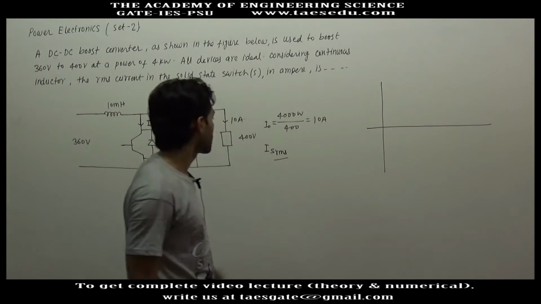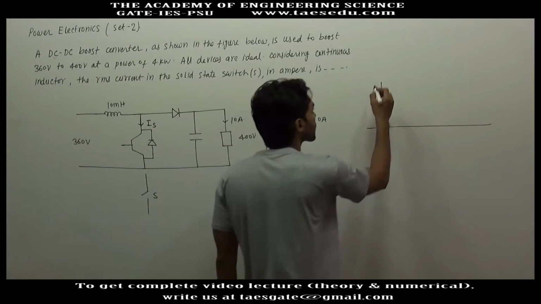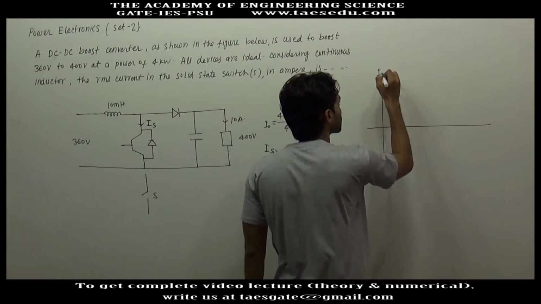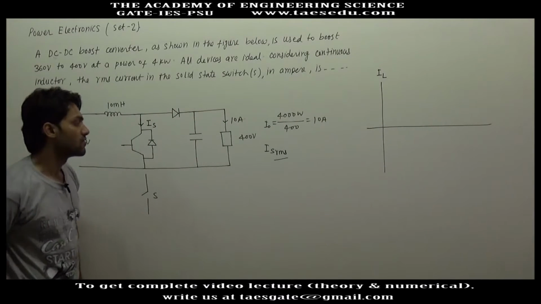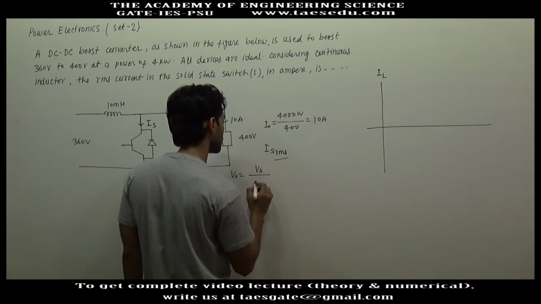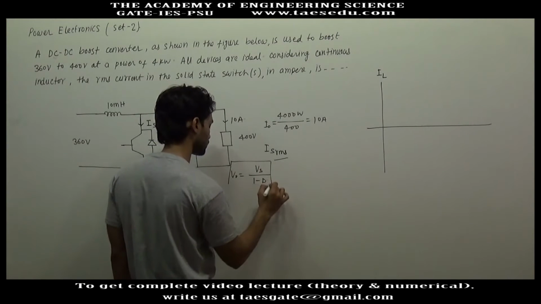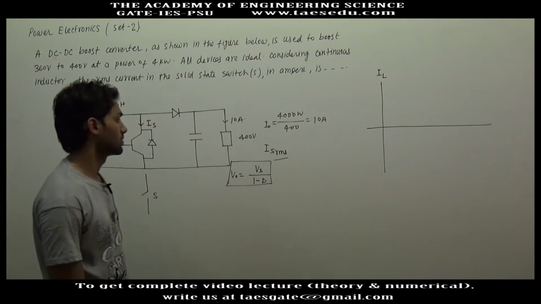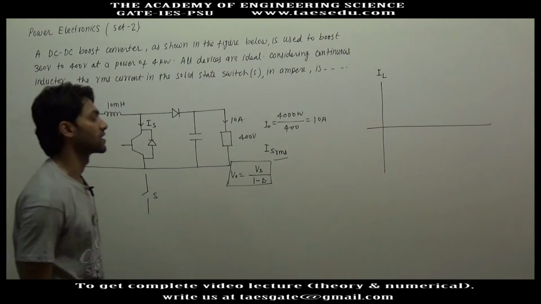Before drawing the switch current, let us first draw the inductor current. In the theory lecture, by drawing inductor current only, we derived the result V naught equal to Vs divided by 1 minus D. So let us first draw the inductor current.